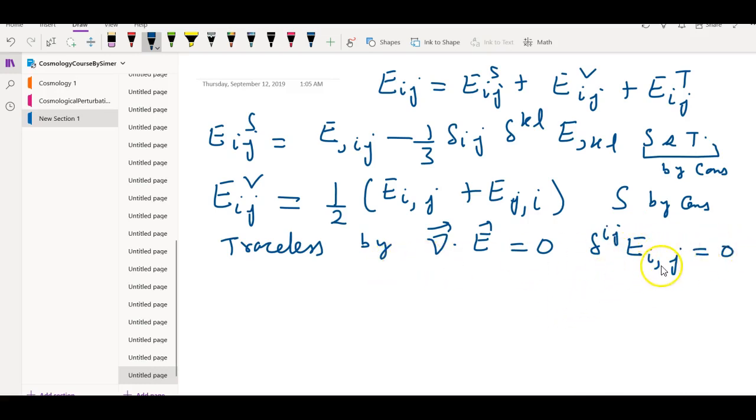Because of this constraint, this becomes traceless. So we figured out scalar, we figured out vector. Now we need to figure out the tensor part. What is E_ij^T?